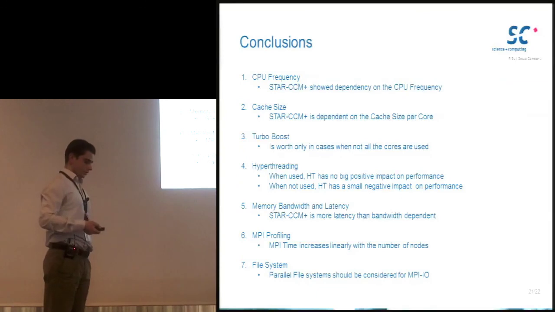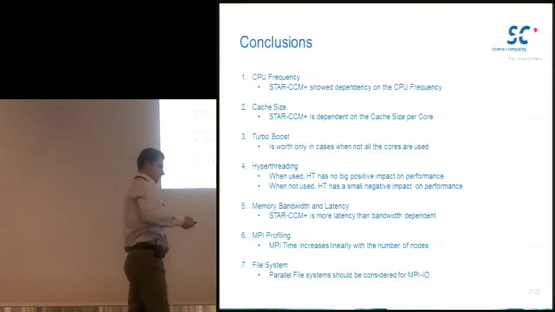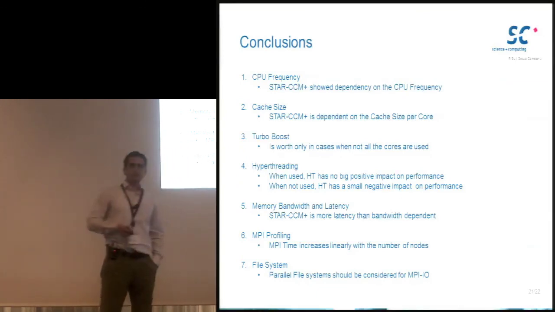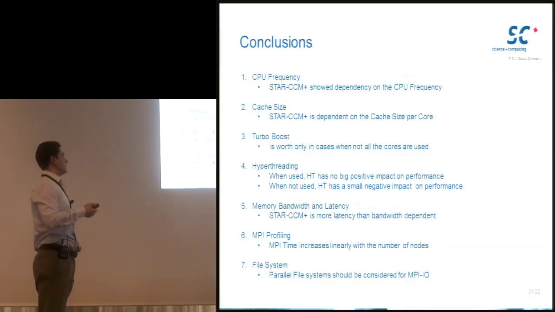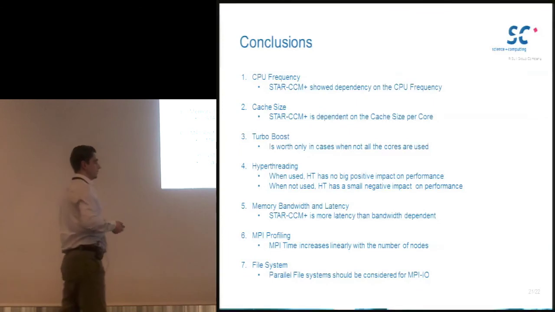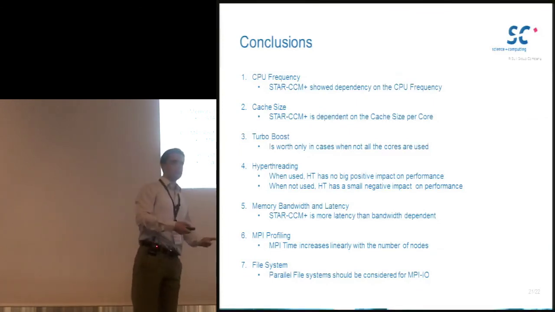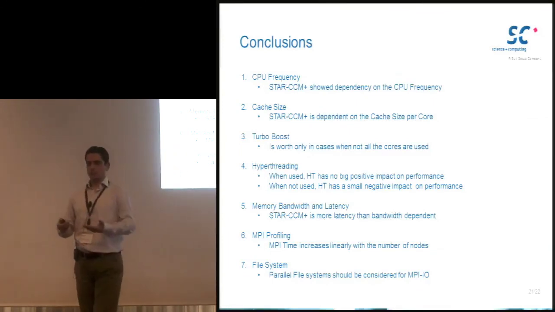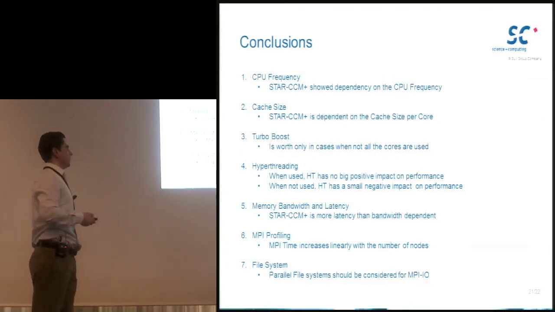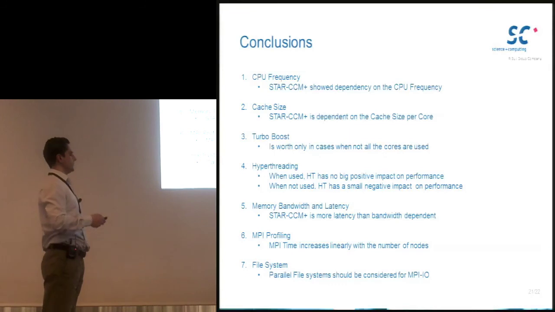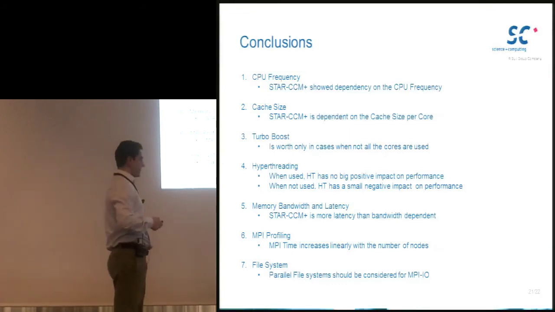Turbo boost is worth using only in cases when you don't use all the cores, as I said, in order to reduce license costs. Hyperthreading has no positive impact on the performance when being used, and when it's not being used, it has a small negative impact.